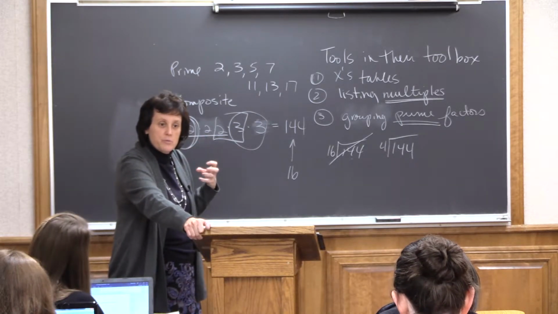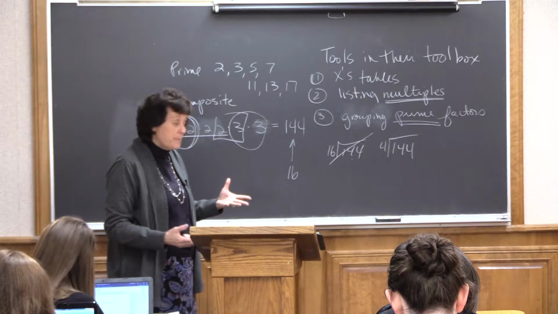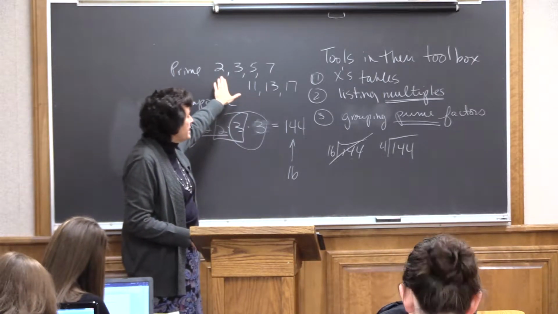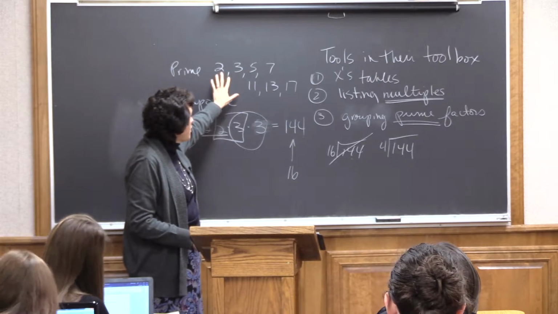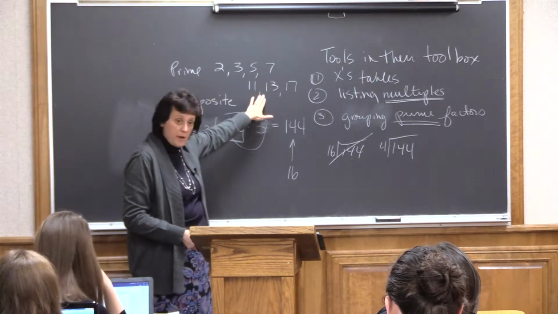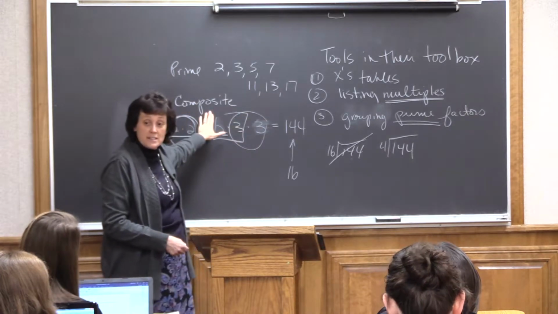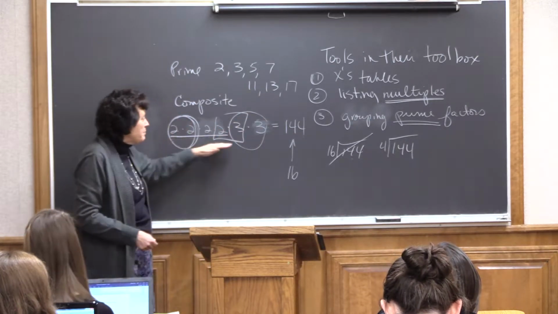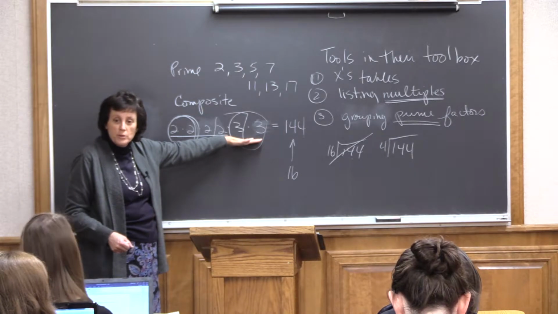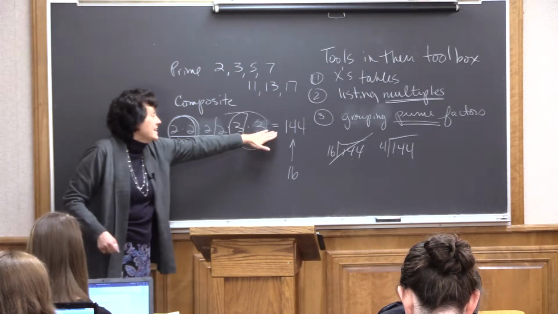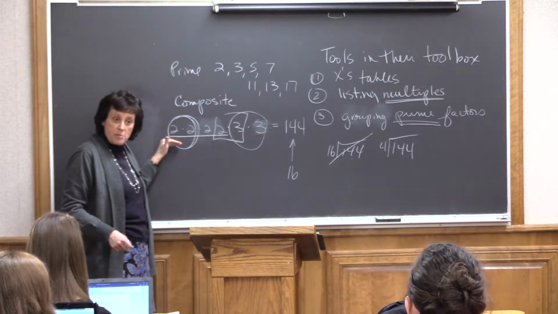Make sure students realize that a prime number, of course, is any number whose only factors are 1 and itself, and we're going to deal with these prime numbers. But even more important than that, they need to realize that a composite number is simply a multiple of primes.